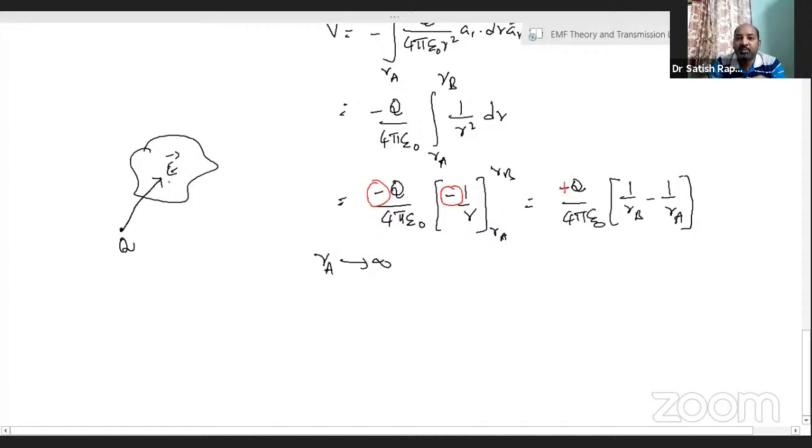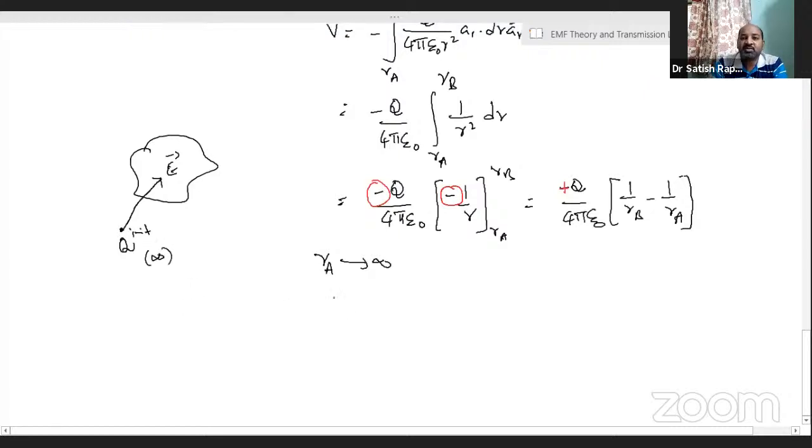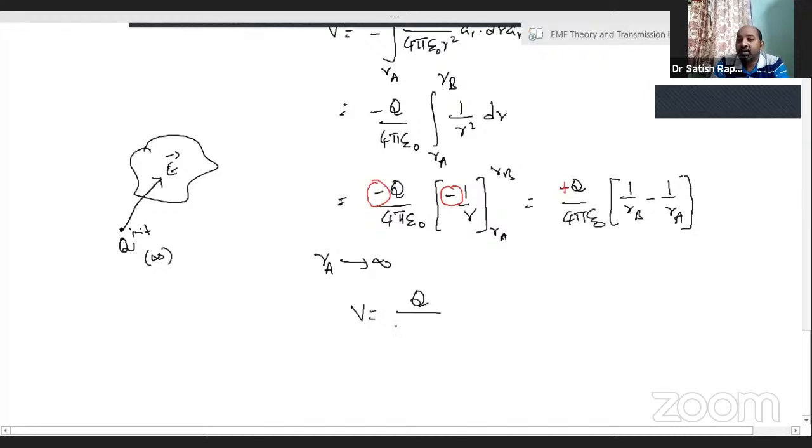We are moving from that point. So therefore, this is the initial point, which is infinite, so RA tends to infinite. If RA tends to infinite, then we can write Q by 4 pi epsilon naught RP.